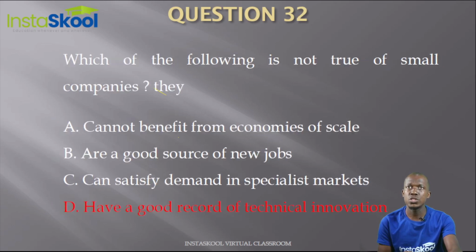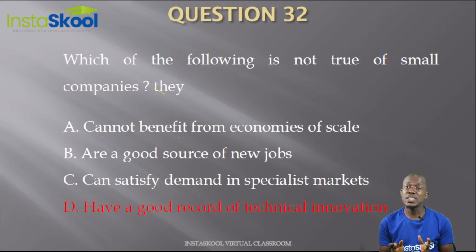Question number 32. Which of the following is not true of small companies? A, they cannot benefit from economies of scale. Of course they can't. Option B, they are a good source of new jobs. Yes, because we have plenty small-scale companies that can come up. Option C, they can satisfy demand in specialist markets.